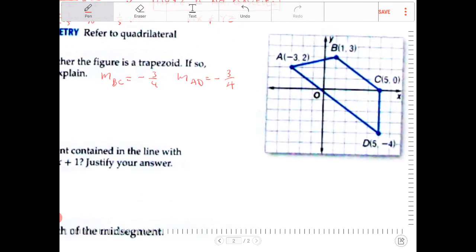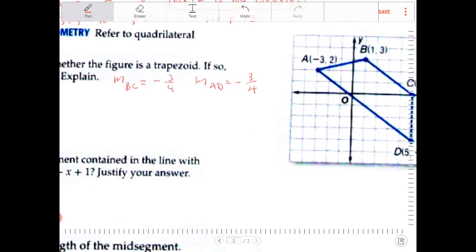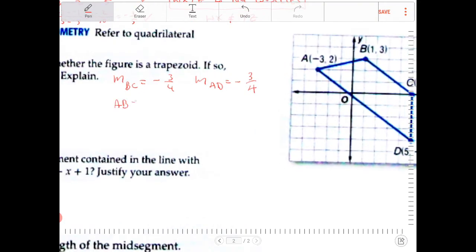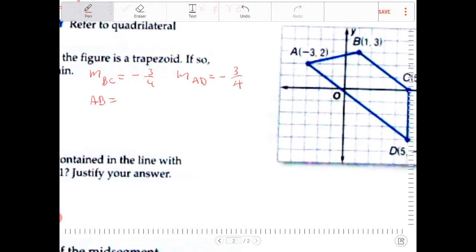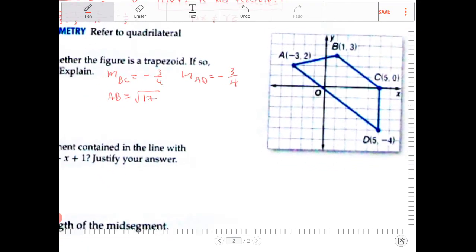And now I'm going to find out the side lengths of AB and CD. So AB will equal to, let's see here, 2, 4 over and 1 up. So that's square root of 17. Right? 4 squared plus 1, square root of 17.